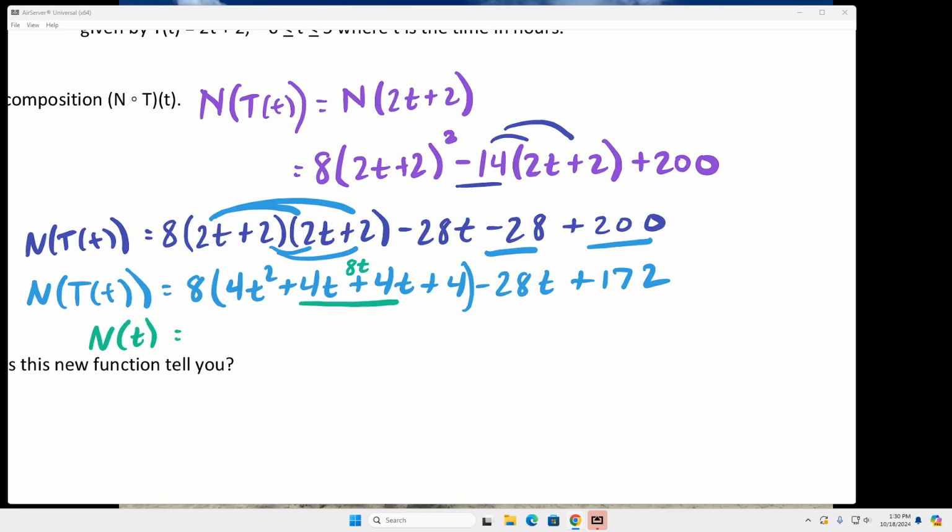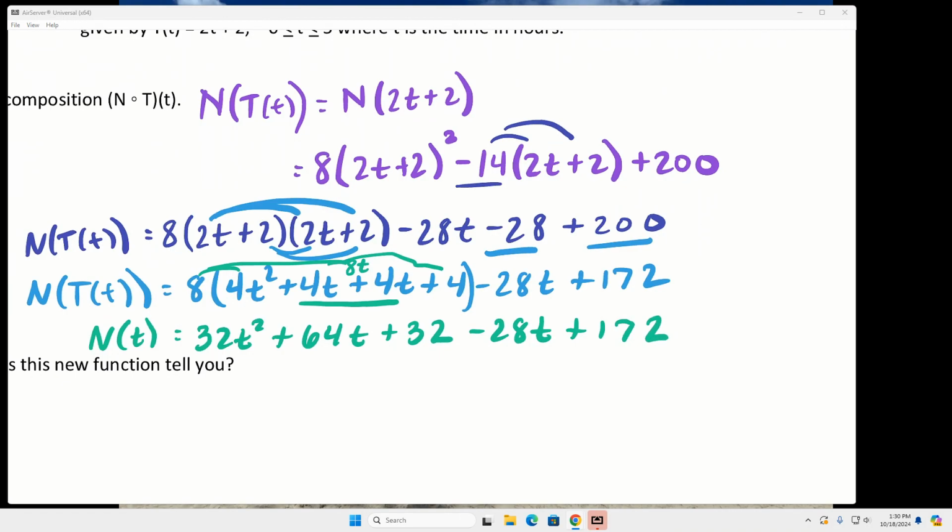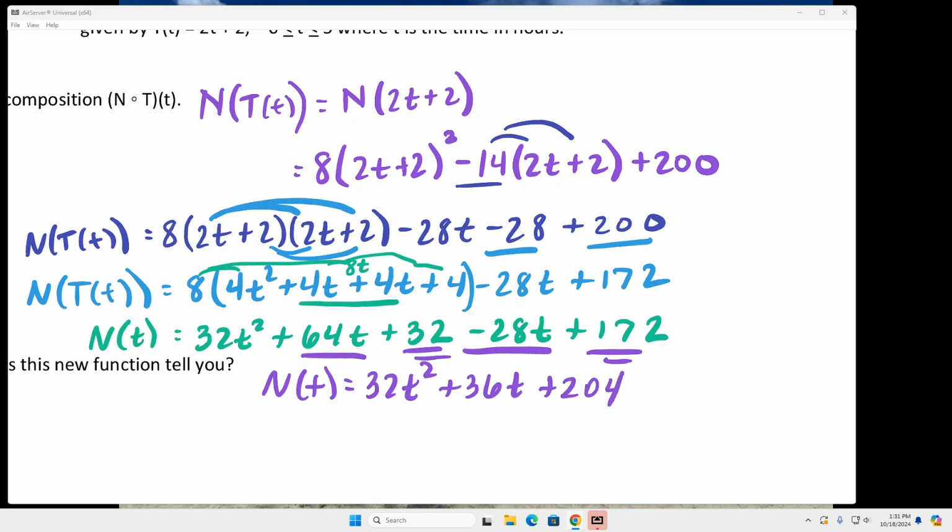Okay, so we'll distribute that 8, and then finally, I'll combine all my like terms. All right, and that's my new function.